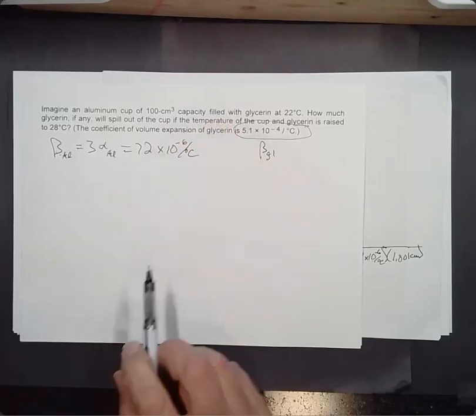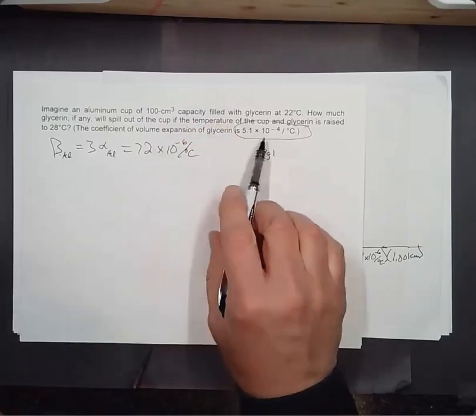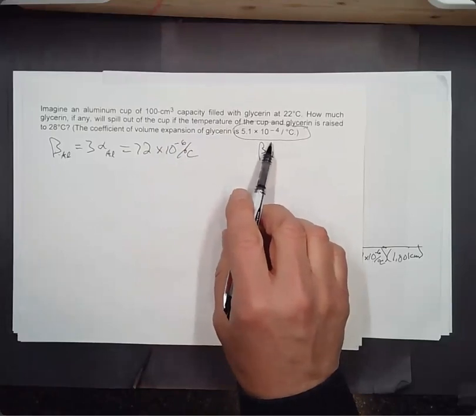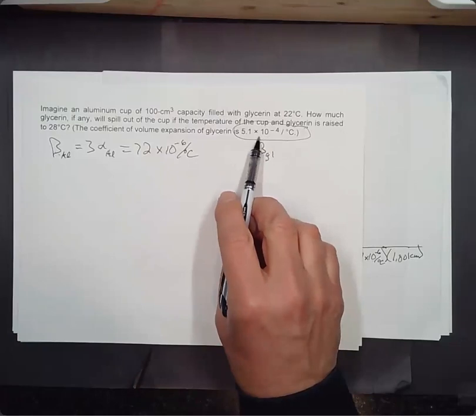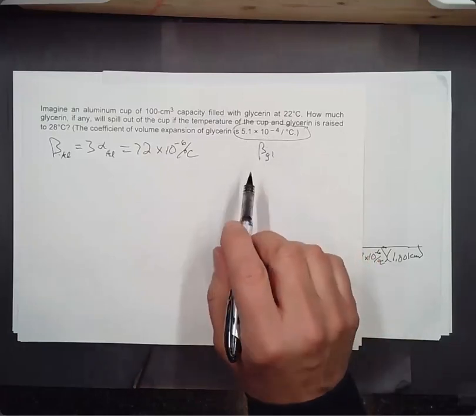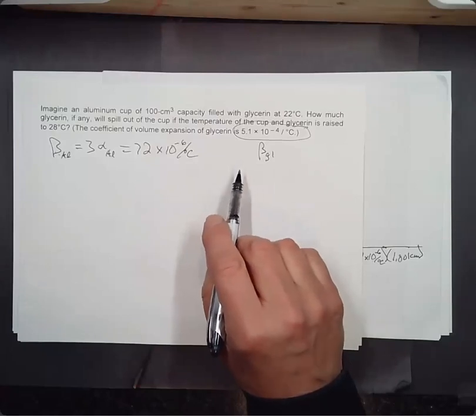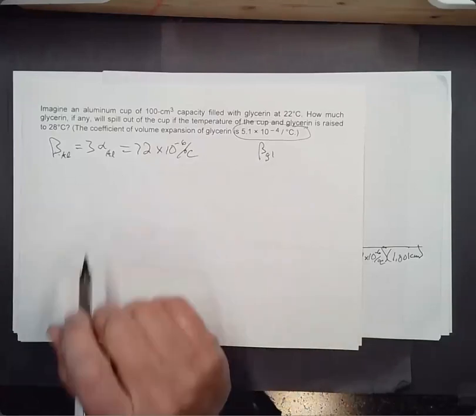Okay, so we've got each of those things. Now this one is 5.1 times 10 to the minus 4th, which would be 510 times 10 to the minus 6. So glycerin's going to expand a lot more than the aluminum is.